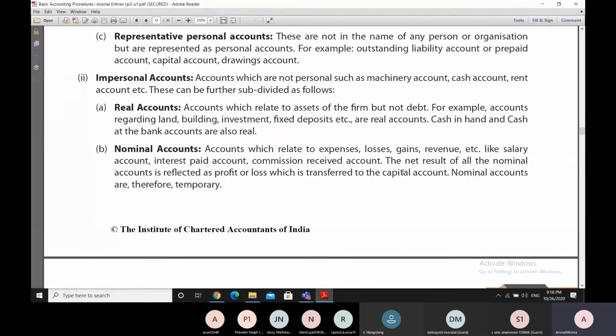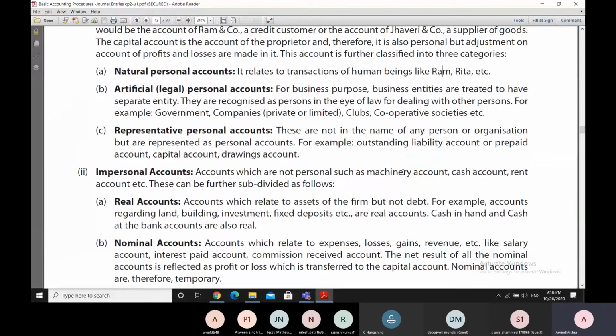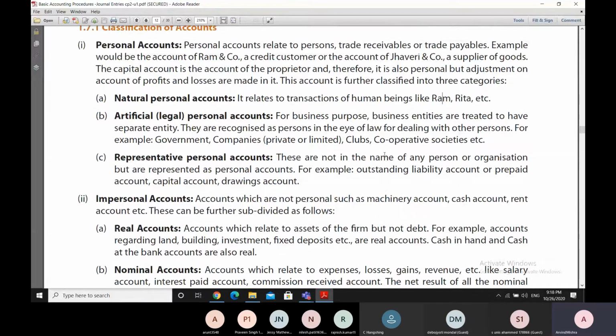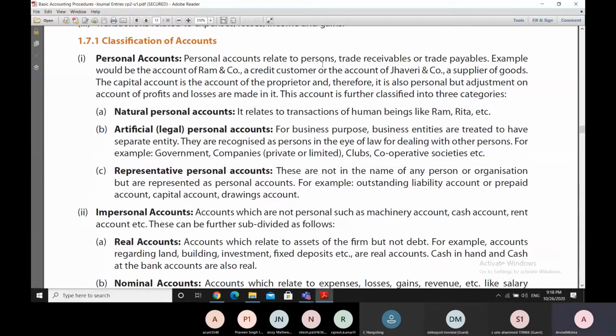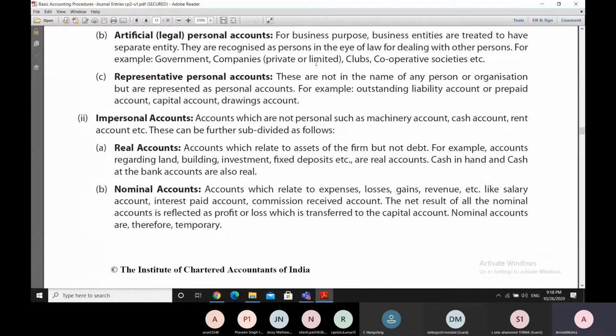This must be remembered that debt is not covered under the impersonal accounts, but rather debt is covered under the trade receivables, or the trade payables, and therefore the debts are covered under the personal accounts. As far as the assets of the firm are concerned, the trade receivables are also personal accounts.